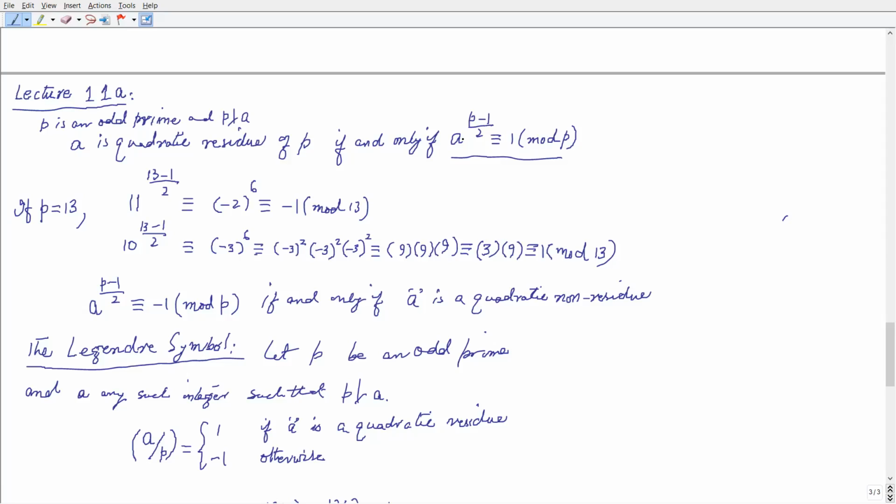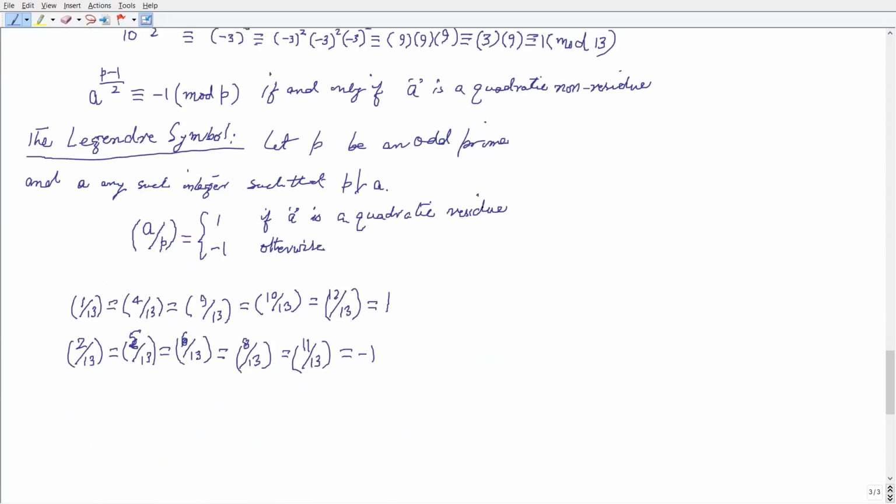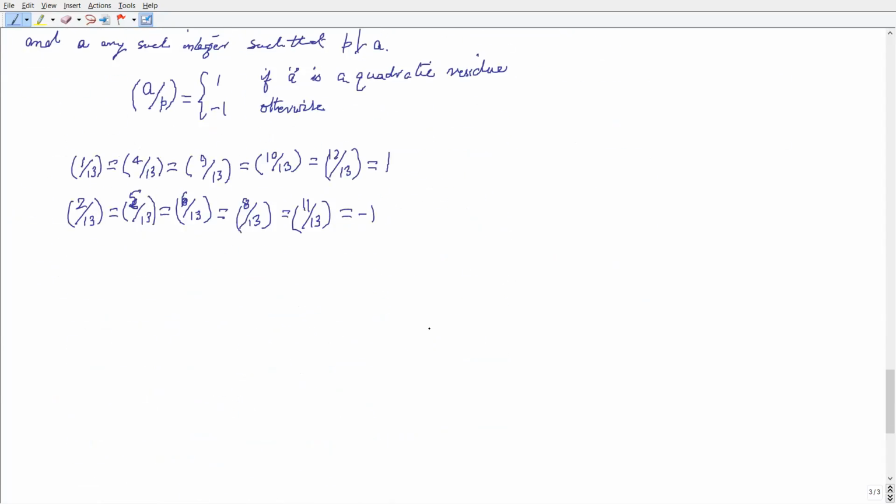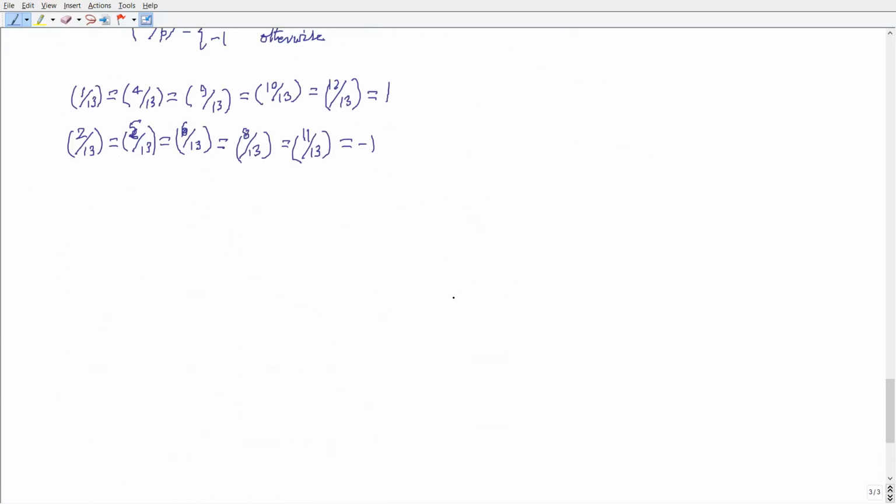Okay, so that's simple. This is Euler's criterion by using the Legendre symbol.